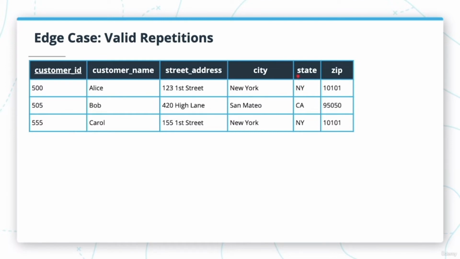So we can already see that there is a kind of dependency here, in the sense that if I know that you live in New York City, then I also know that you live in New York State. If I know that you live in San Mateo, then I also know that you live in California. So there seems to be some kind of duplication going on here, which might make you think, oh, well, I need to do better than that.